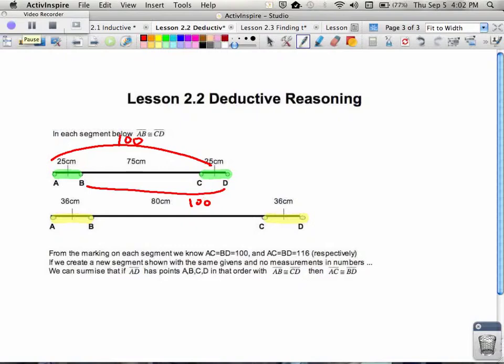from what we know then is that the AC and the BD are both 100, or in other words, are equal to each other in that first figure. Likewise, in the second figure, if we know that the AB and the CD are the same, then from A to C, I know would be 116, and I also know that from B to D is 116, and they're equal to each other.